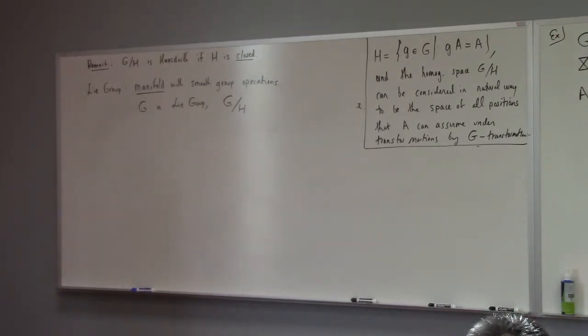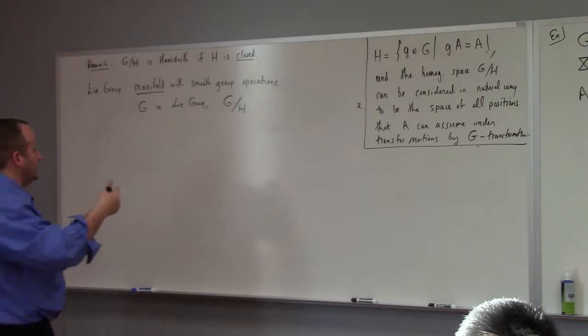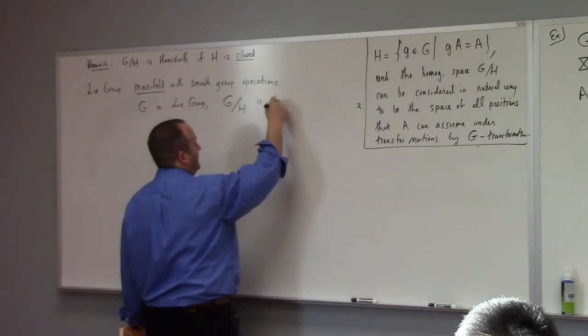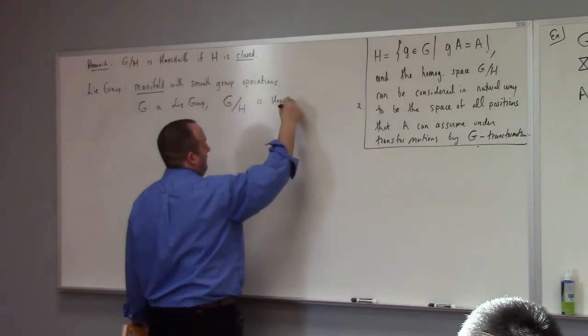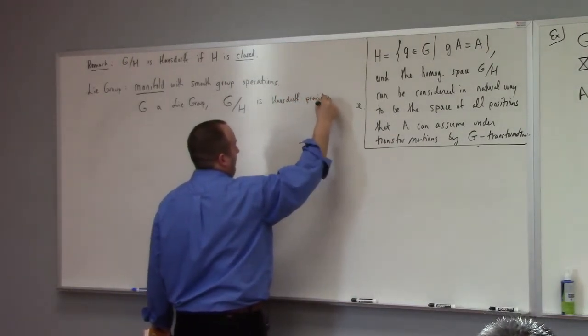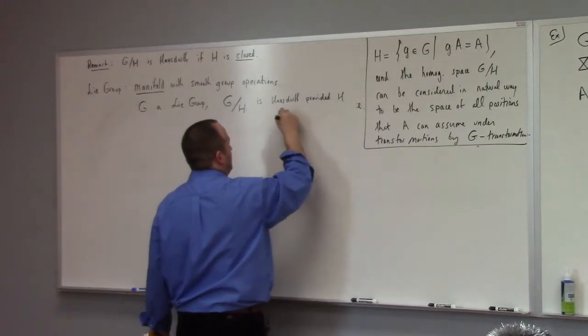You would want H to be a closed, in the topological sense, subgroup, right? So that this is Hausdorff, provided H is closed.